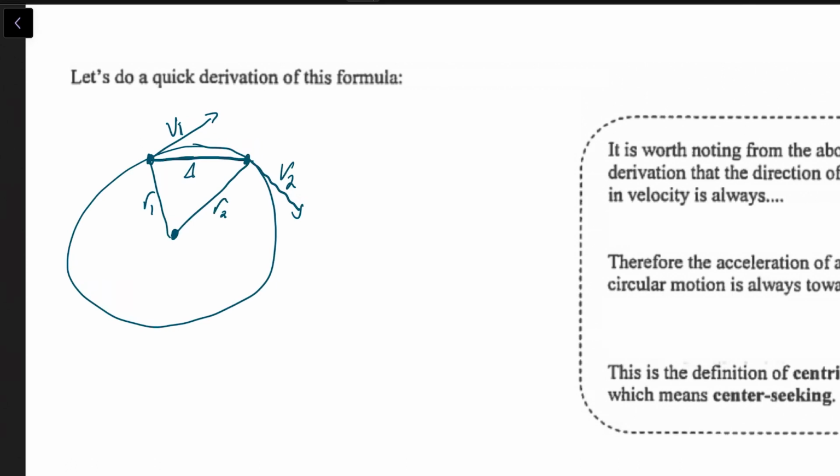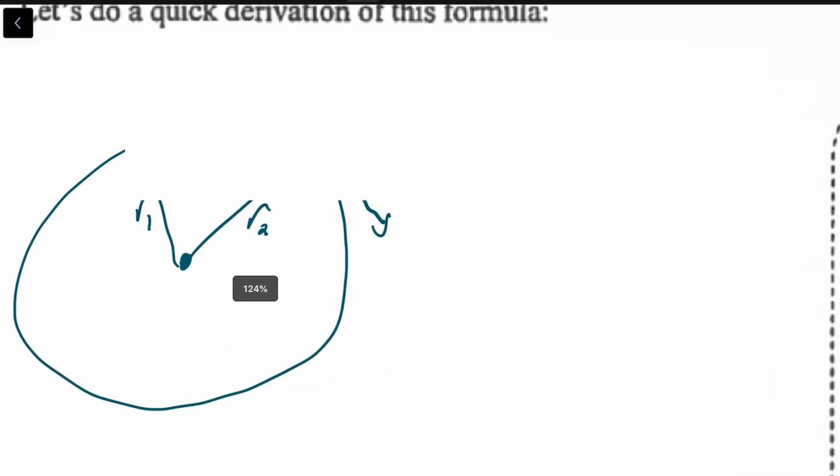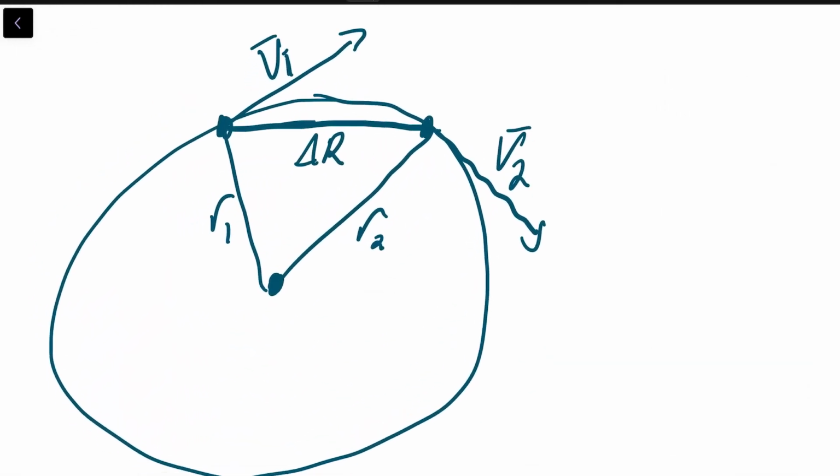Same thing with velocity, right? The magnitude of the velocity isn't changing, but the direction of the velocity is changing. So we can come up with a change in velocity as well. And the closer and closer you take 2 points, that change in radius is becoming closer and closer to the arc length of the circle, right?